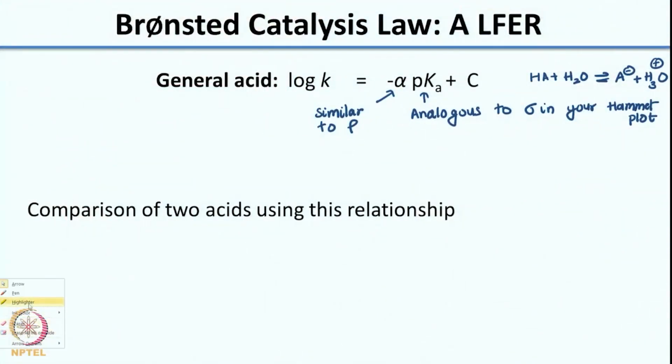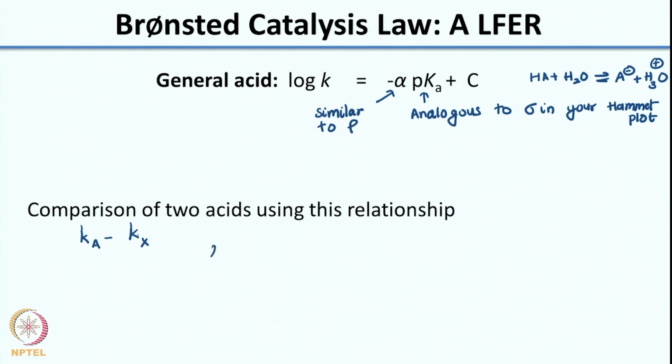I am going to write it directly in the form of the k value, but to compare two acids, say you are comparing an acid Ka with any other acid Kx. Alright, so you are trying to compare how good these two acids would be for a given reaction.